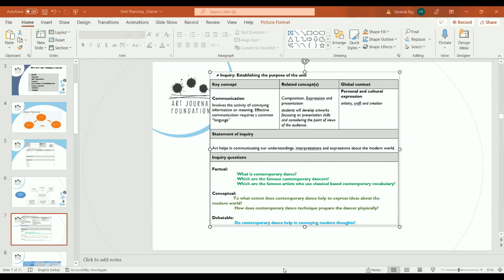Should I ask cultural identity and expression? No. So wait, again, let's work on this also.